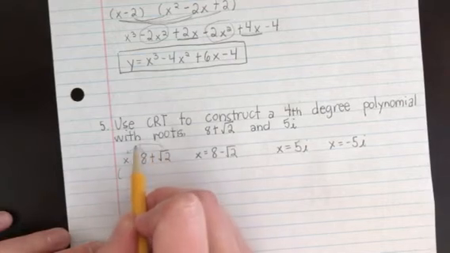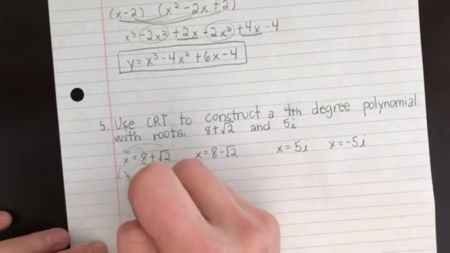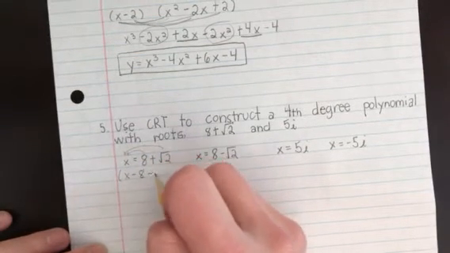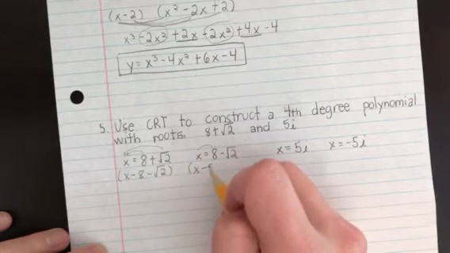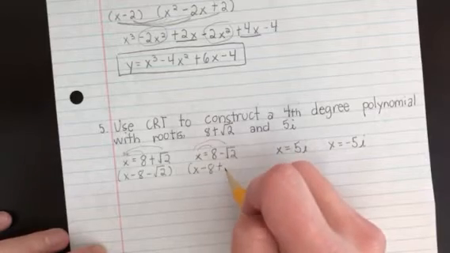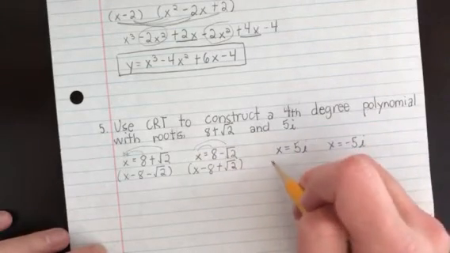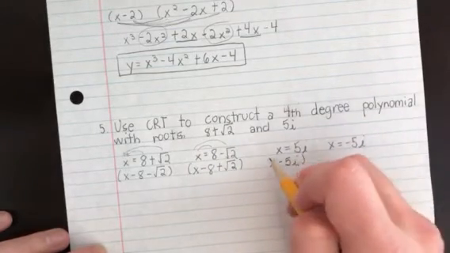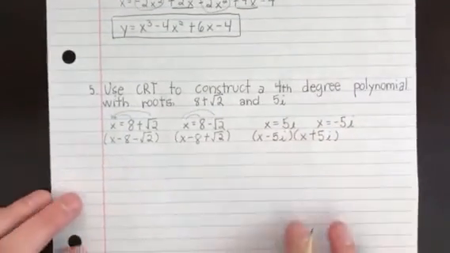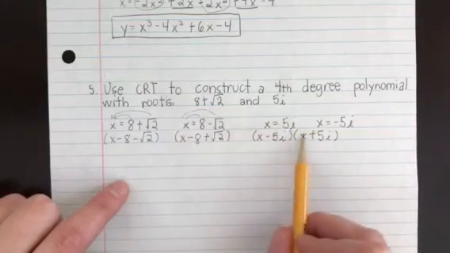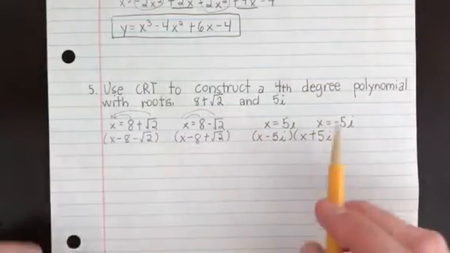Both of these are going to need to hop over, so it's going to be x minus 8 minus square root of 2, x minus 8 plus square root of 2, and this is going to be x minus 5i and x plus 5i. So you would want to multiply these two together and these two together first, and then multiply them together.